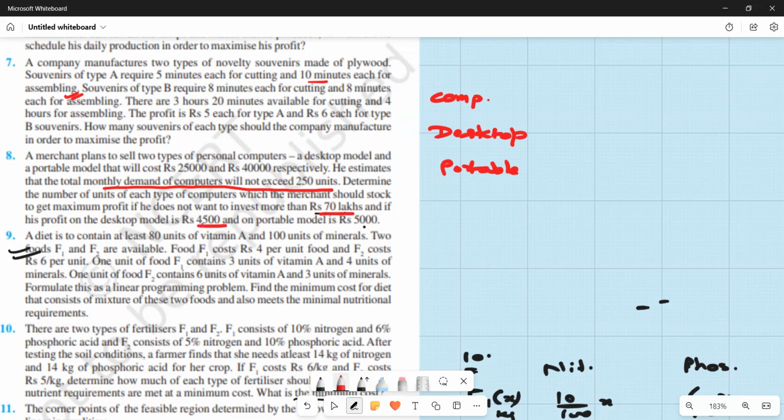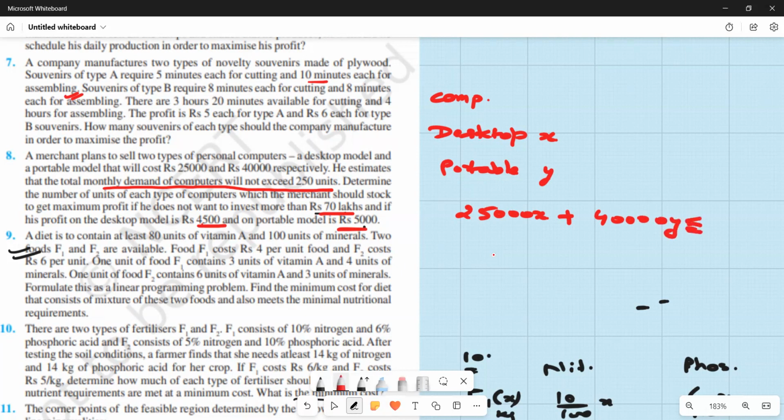And if his profit on desktop is this much, so let x be the number of desktop and y the number of portable computers. Now the cost is 2500 into x. That much he will invest on desktop computers, and 40,000 into y he will invest in portable computers.